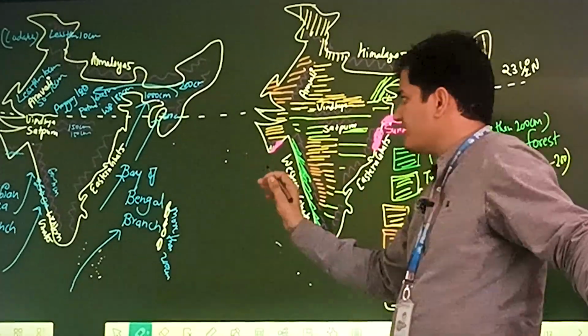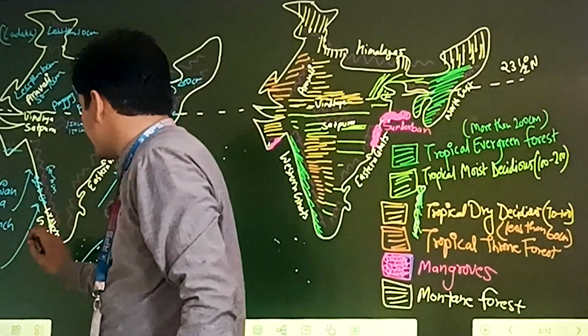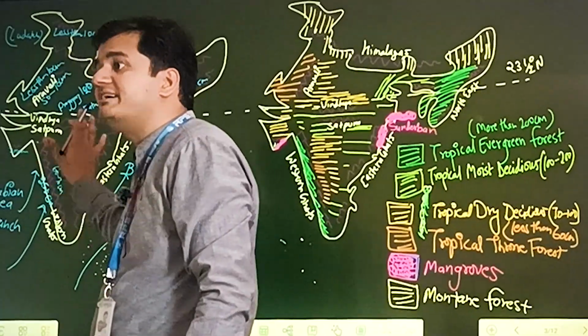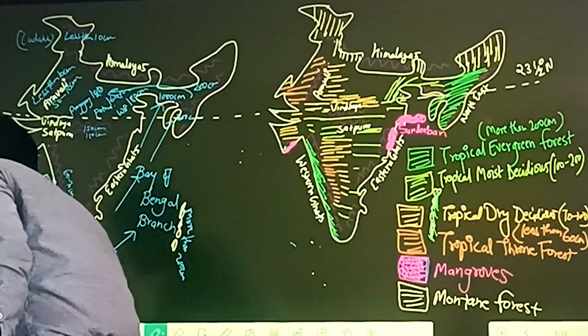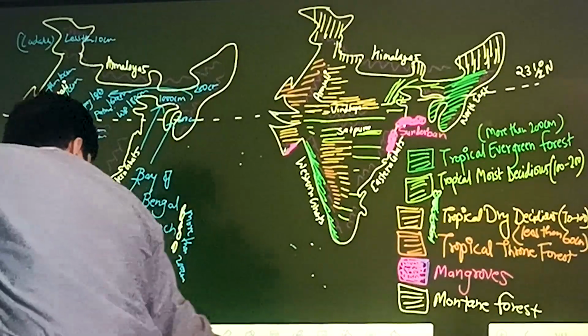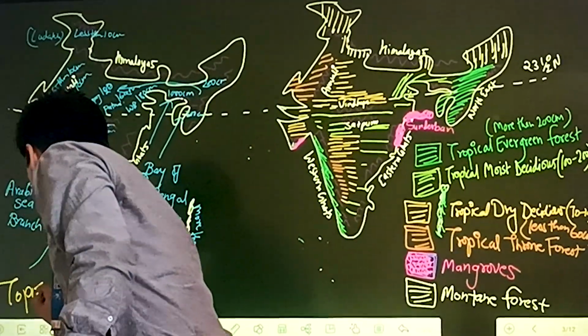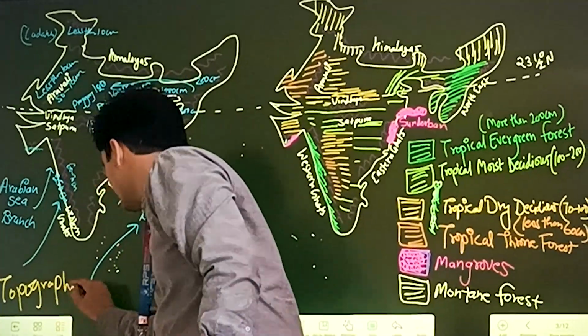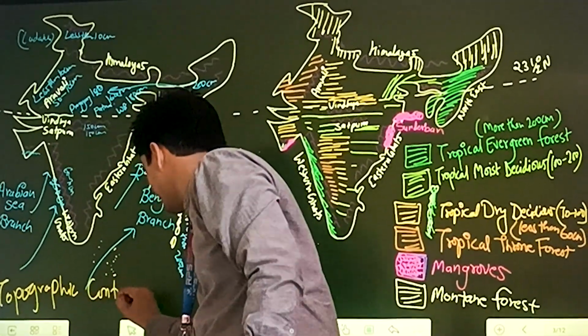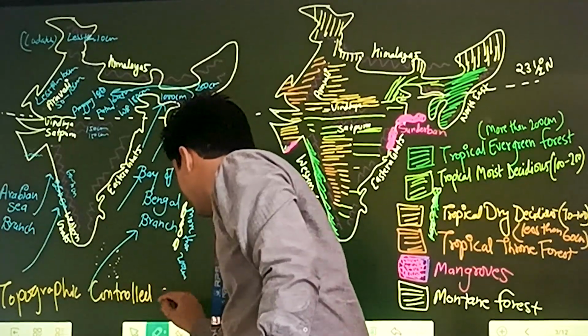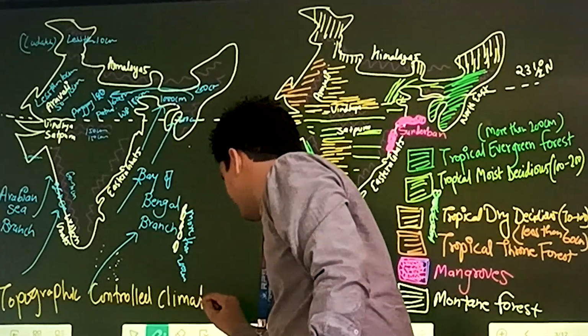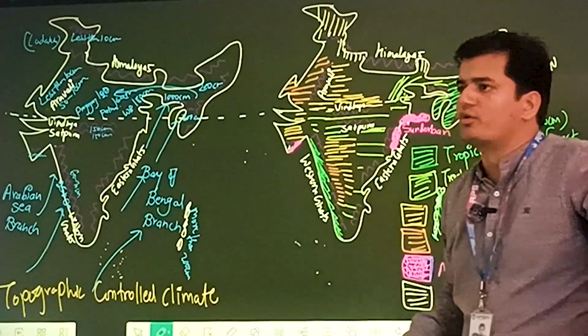So this is how we can conclude that Indian climate is controlled by its topography. So we have topography-controlled climate.